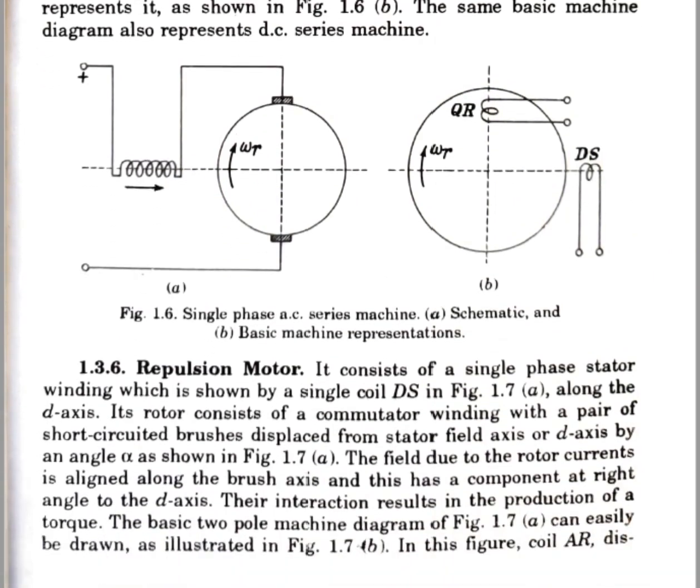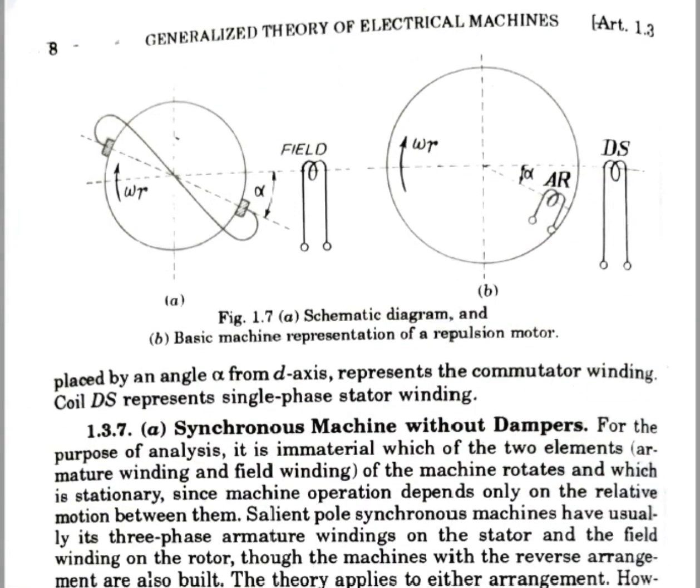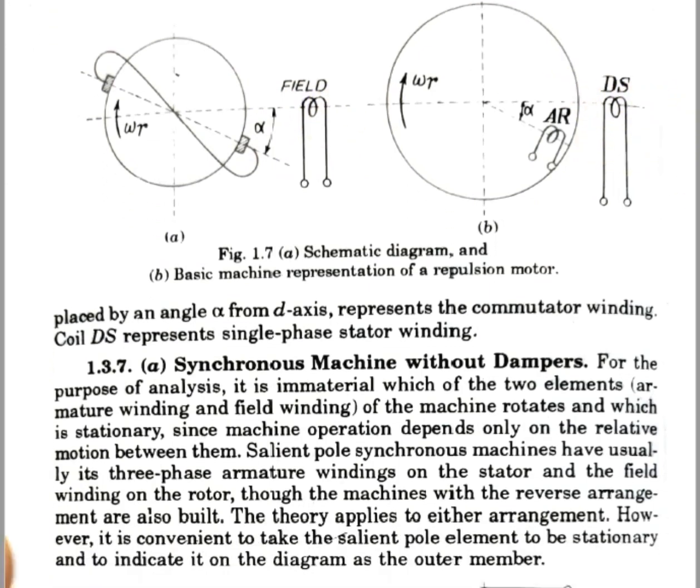Next, we have seen a repulsion motor where the brushes are kept at an angle alpha from the direct axis, and the brushes are again short circuited. So we have AR along the angle alpha from the D axis, and the field winding as it is on the D axis, we have DS along the D axis.